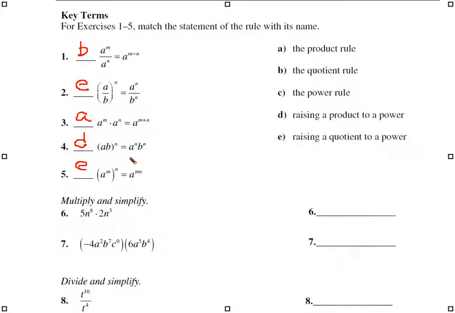And for number 4, raising a power to a power, where you can think of a 1 being there and a 1 being there, and you're multiplying. And here raising a quotient to a power. This is the power rule for number 5.